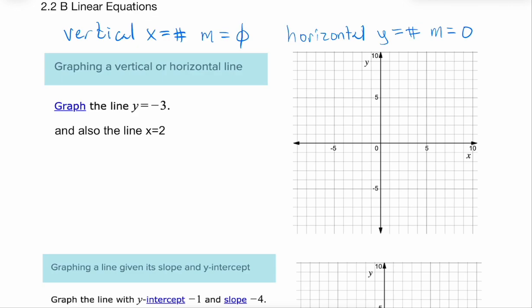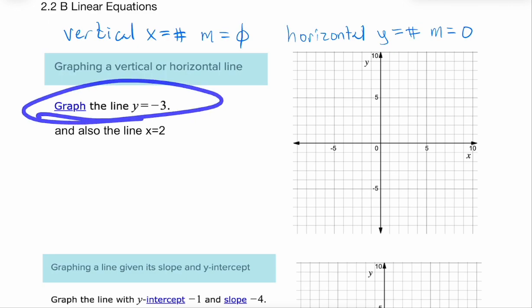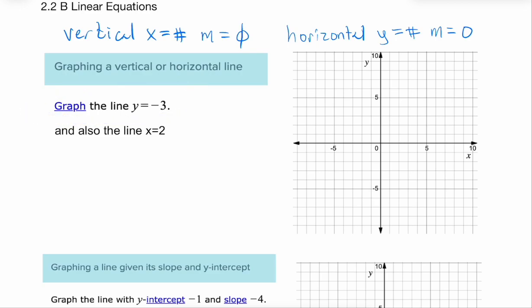So if we want to graph these horizontal lines, it's pretty straightforward, pretty easy. Let's first start with this one. It's asked us to graph the line y equals -3.